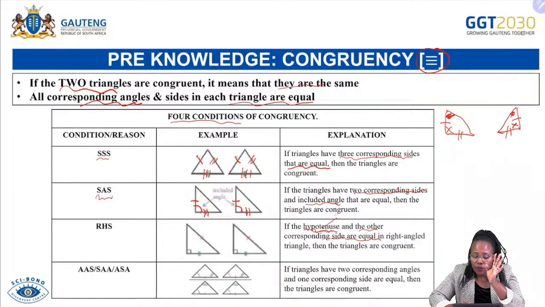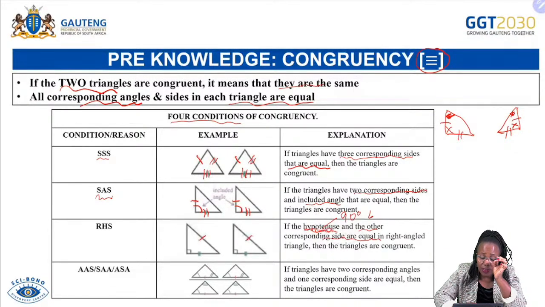Remember, the hypotenuse is the side that is opposite the 90 degree angle. That means the hypotenuse must be equal, and the other corresponding side must be equal. It doesn't matter whether it's this one or that side.